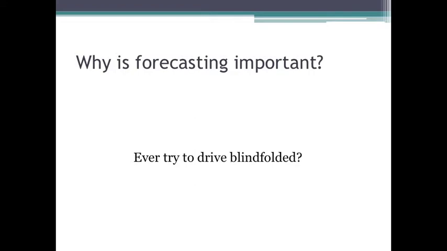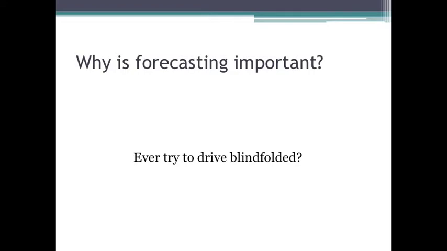If you have no idea as to what the future holds, you are making decisions in an environment where you don't know what's going on. Forecasting provides a picture as to what the future holds, what the future is going to be.